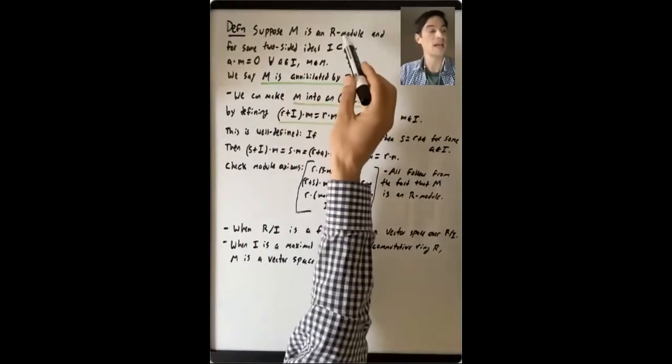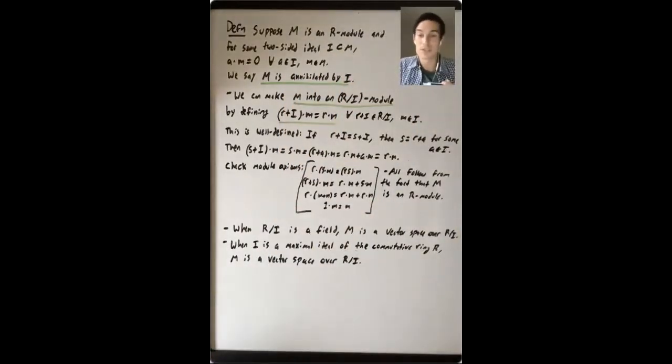So let's suppose that M is an R module. And for some two-sided ideal, okay, so now we're not necessarily in the case where R is commutative.